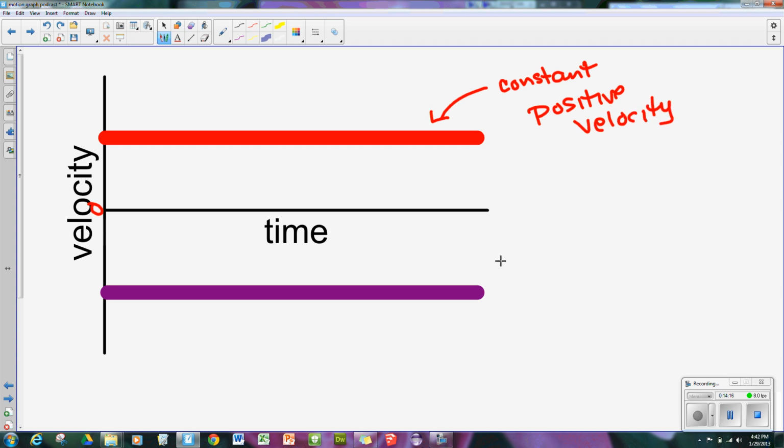And this is a constant negative velocity. And it's not changing because the velocity is not changing. So the y value won't change. Therefore, it's plotted as a horizontal line.